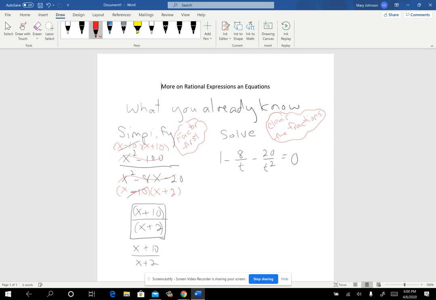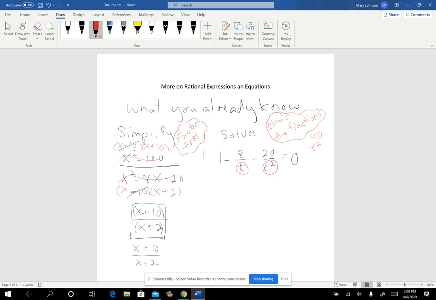What you would do is look at the denominators and try to come up with one thing that's going to be able to be used to multiply all the way through and knock out those t squareds. So you're going to look for what's called the LCD. On this one, the LCD would be t squared. It needs to be big enough that it'll knock out all of the denominators at one time.